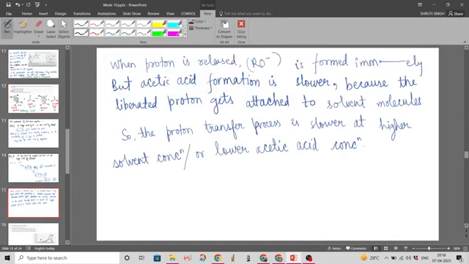So this was shown by this decay profile also. So this is for the rise time of acetic acid.